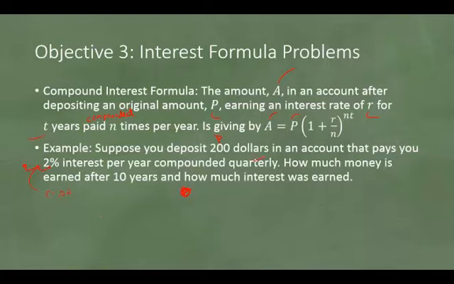Compounded quarterly, that tells you that your N is equal to 4. T is 10 years. So the amount after 10 years for $200 is 200 times (1 plus 0.02 over 4) to the 4 times 10. Okay. And let's plug it into the calculator and make sure we're doing this correctly.